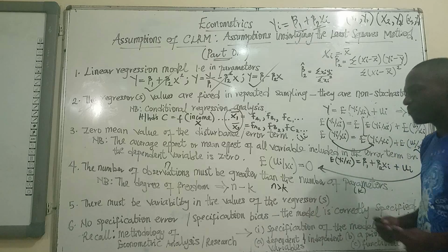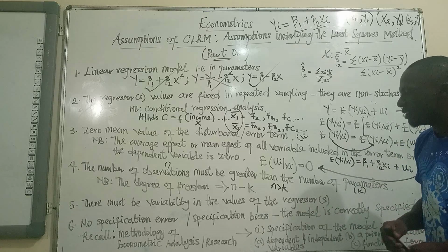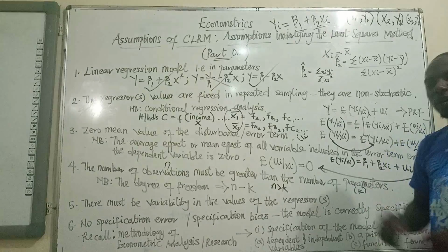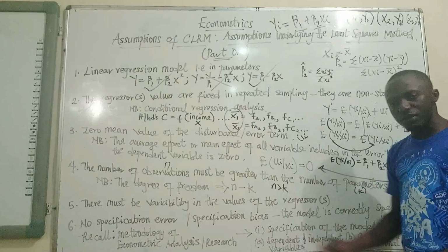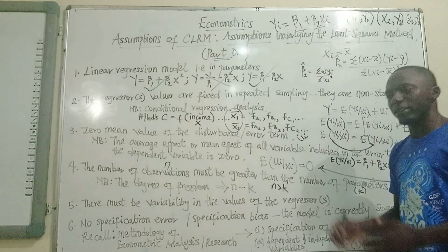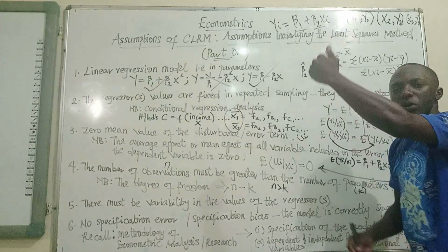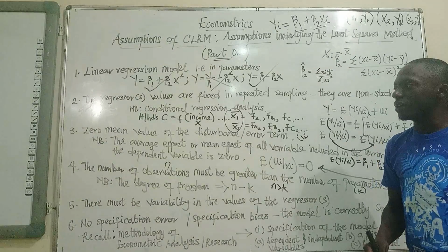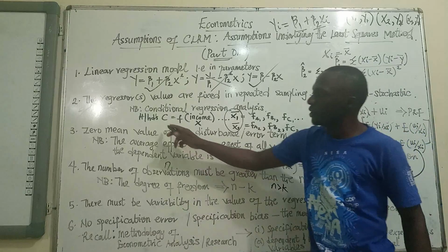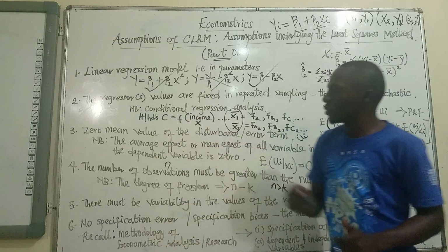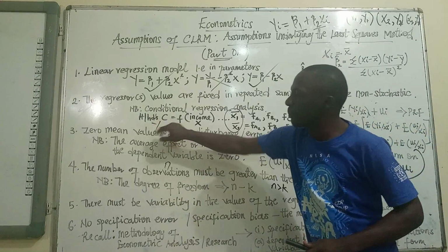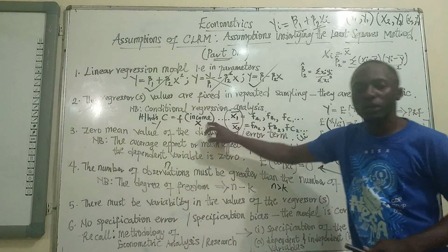Assumption 5. There must be variability in the values of the regressors. In the values of our explanatory variables, there must be variability. That is, the explanatory variables must not just take one single value. Let's go back to our example. We are trying to estimate the dependence of household consumption, which is our y in this instance, on income.